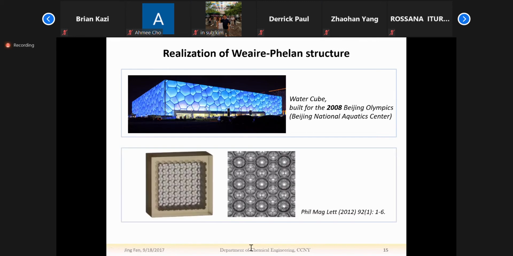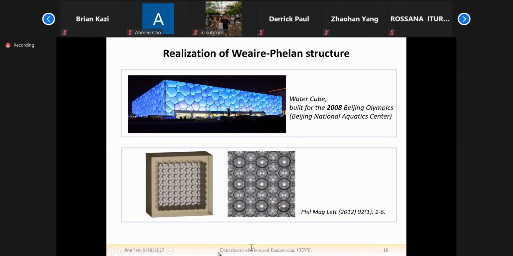But in reality, only a few years ago, in 2012, people for the first time realized the Weaire-Phelan structure in a real foam. What they did is use a 3D printed container with surfaces that have the same structure as a real Weaire-Phelan. They 3D printed this container.